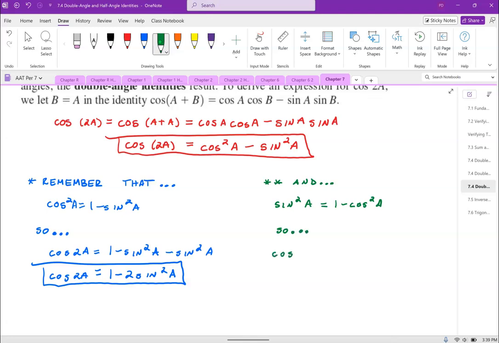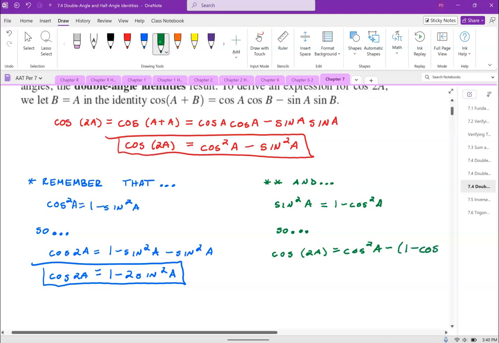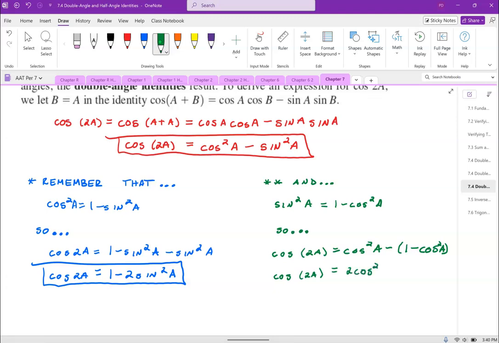Cosine of 2A is equal to cosine squared A minus the quantity 1 minus cosine squared A. If I distribute that, I end up with 2 cosine squared A minus 1. So there is a third version of the double angle identity for cosine. Believe it or not, three different versions.